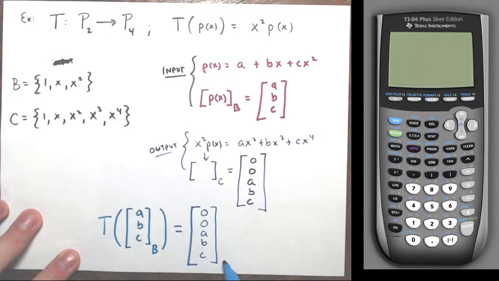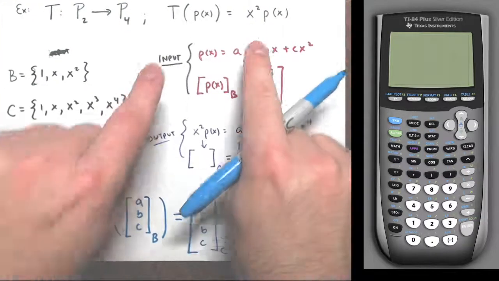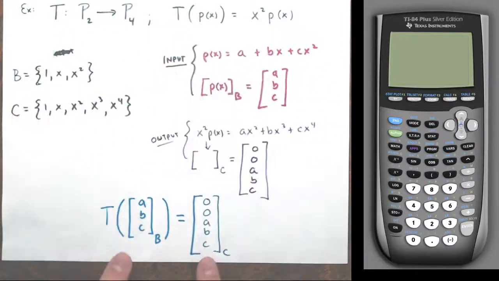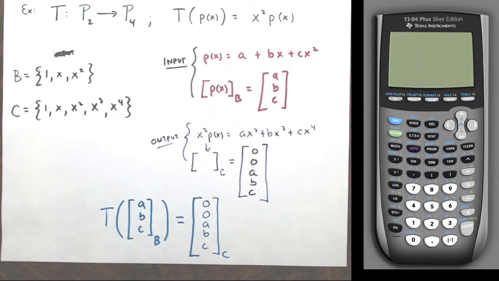We can change our rule, the way it looked up here between P2 and P4, down here to a rule that looks like it's from R3 to R5. Even though it's not, these actually represent polynomials. It's just that they're the coordinates of the polynomials.